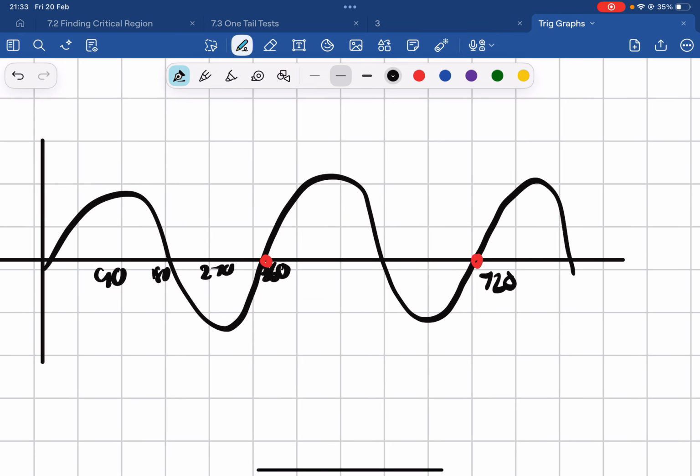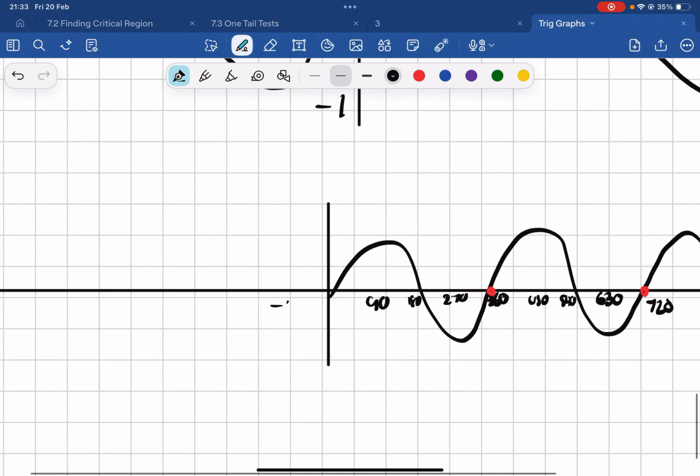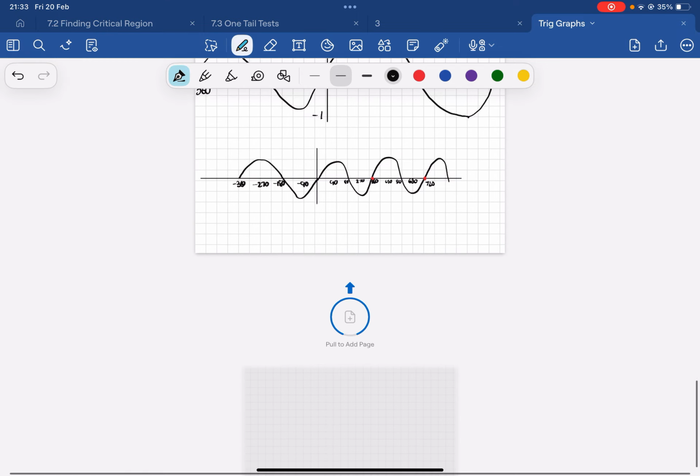Between there we're just going up in 90s, so 450, 540, and then 630, and so on. Likewise for the negative, going from minus 90 to minus 180 to minus 270, minus 360, and again just the same repeating nature, which brings about the periodicity of our sine graph.